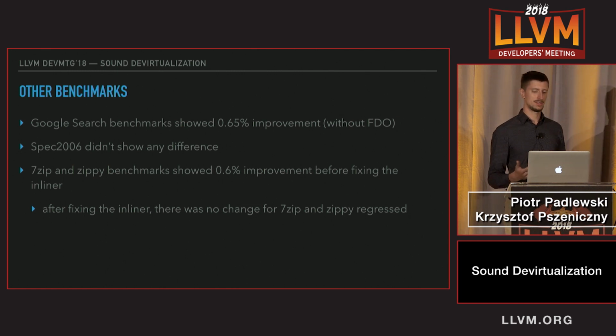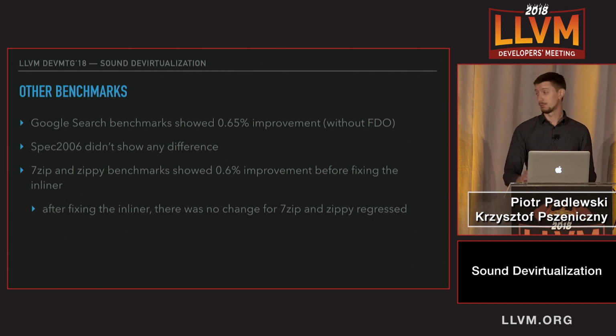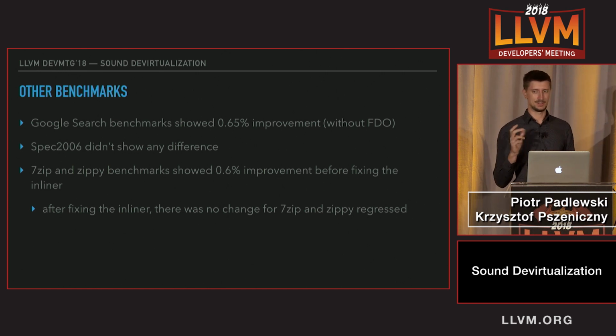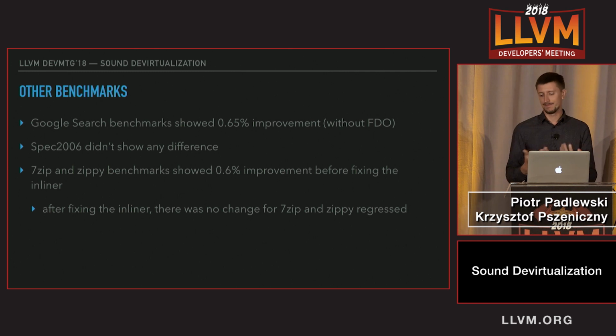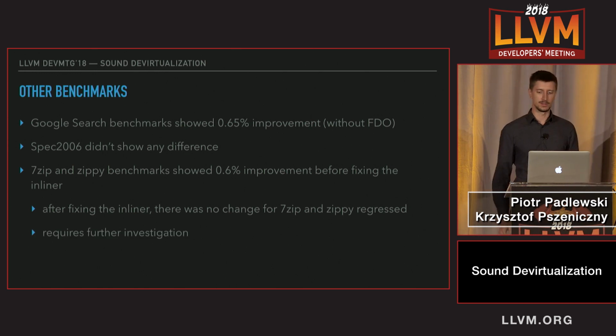This pretty much means, or we think that it means, that the inliner is making different decisions exposed to different thresholds, and in those cases it just happens that they are faster. But there is certainly something that we need to investigate further.